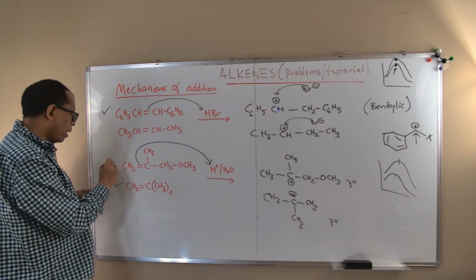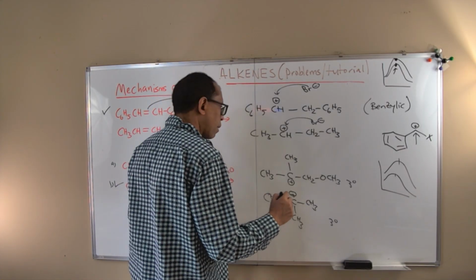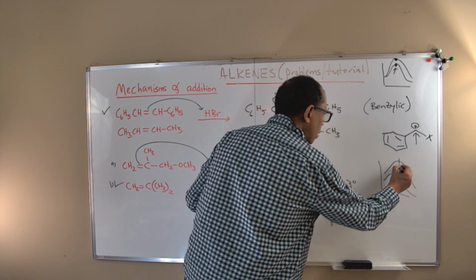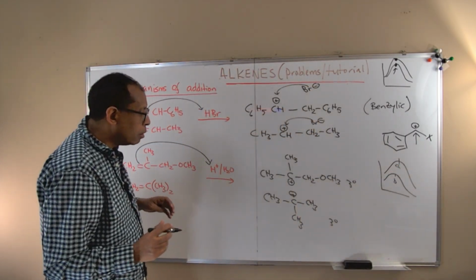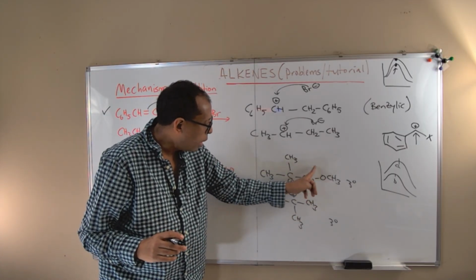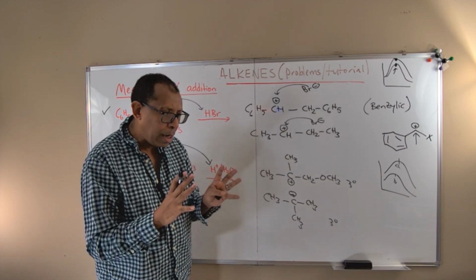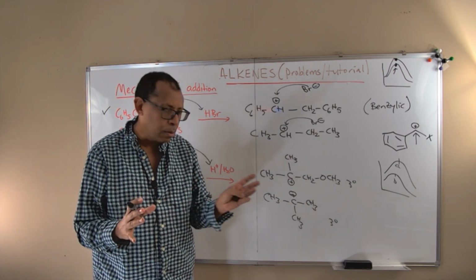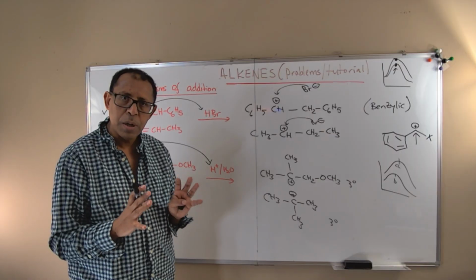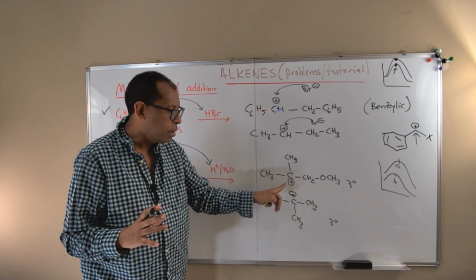In case of A, or if you say B, B goes through a very low activation energy than A. The reason being that if you just look at here, this has some electron withdrawing or electronegative atom. An electronegative atom near a carbocation is not a good stabilizing effect. So it doesn't stabilize this carbocation.